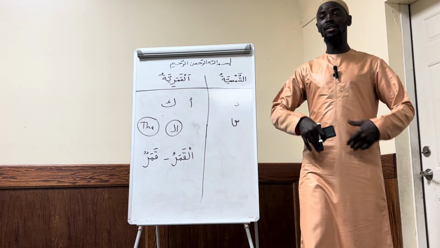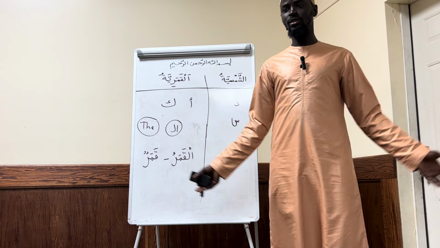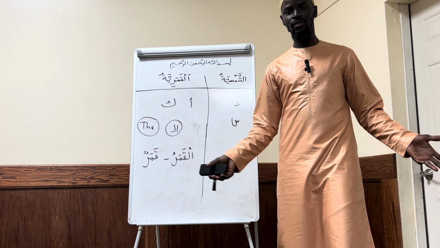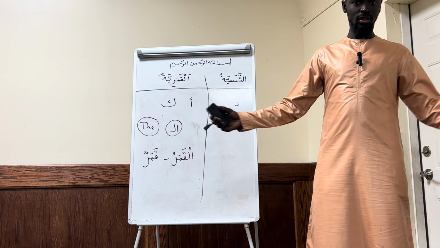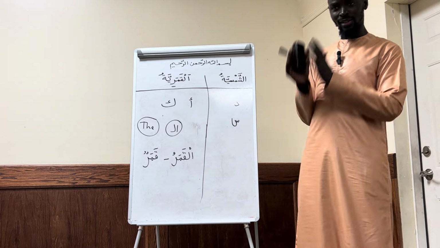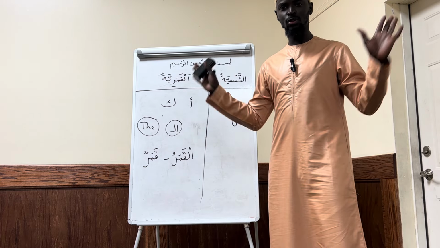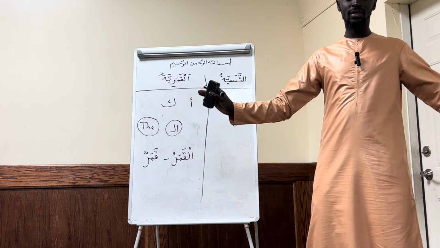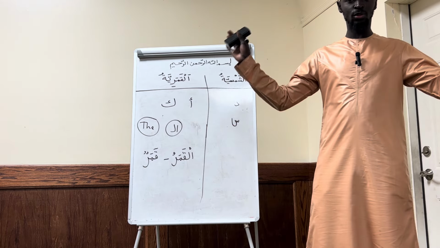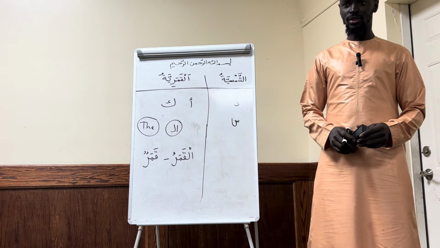Because everything in this world is not complete. Everything in this world is not what? Is not complete. The only thing that is complete is Allah subhanahu wa ta'ala. That's why they said Al-Kamalu Lillahi. The complete is for Allah subhanahu wa ta'ala. You understand?